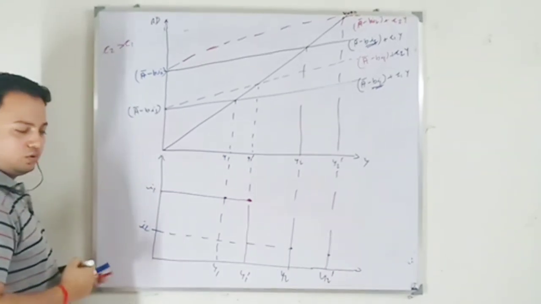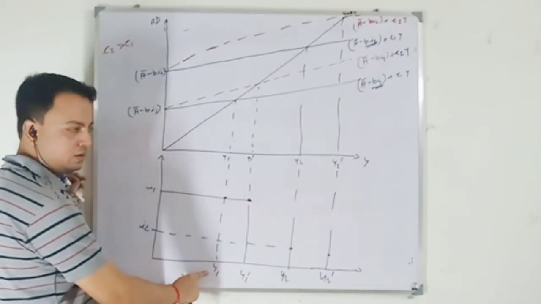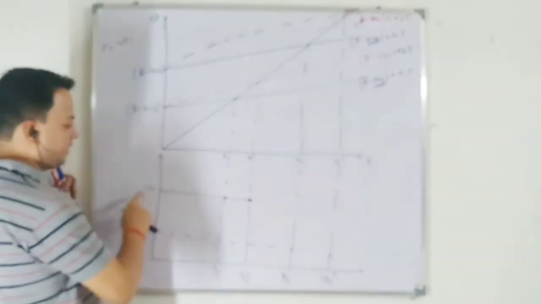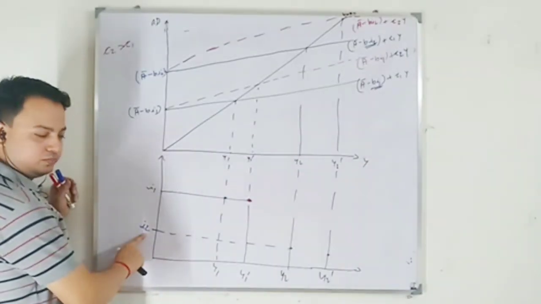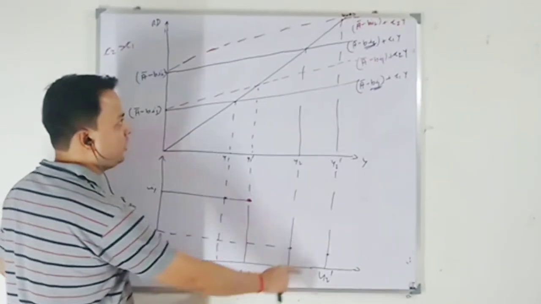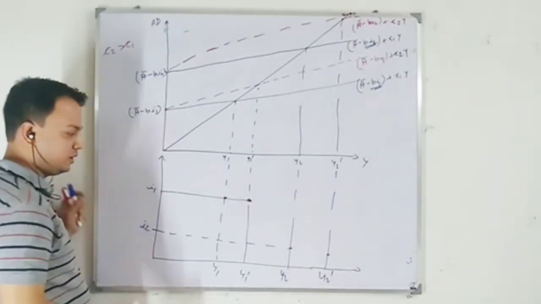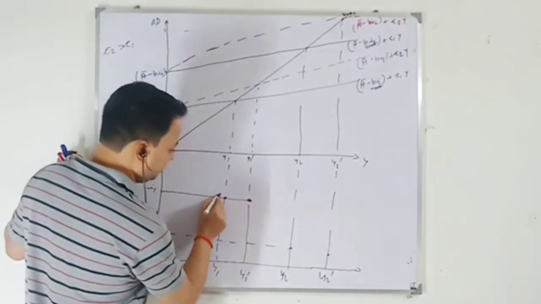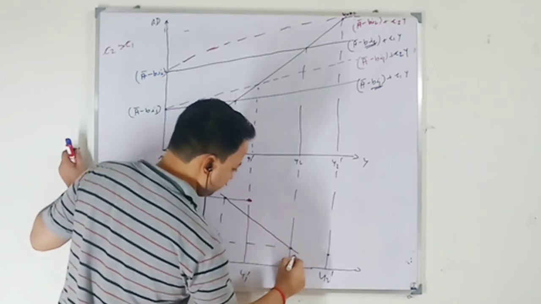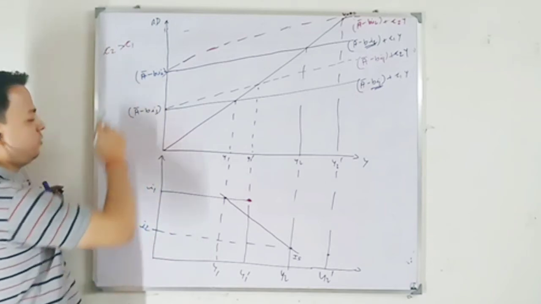Now I have to join rate of interest I1, Y1, corresponding to your MPC c1. Similarly, when the rate of interest is lower, I have to draw I2 with Y2 corresponding to your MPC c1. So join it. This is the IS curve when your MPC is c1.